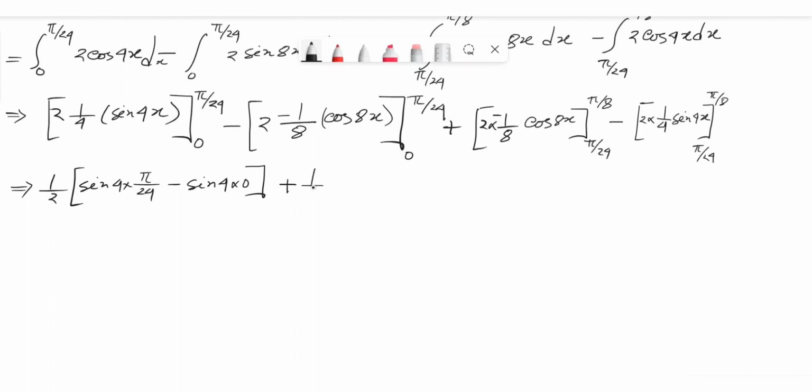We'll have 1 by 4 here, and when we put the upper limit first then the lower limit, we'll have cos 8 into pi by 24 minus cos 8 into 0. This minus can come out, so this will be minus, and when you cancel 2 with 8, it will give us 1 by 4, and first will be the upper limit, then the lower limit.